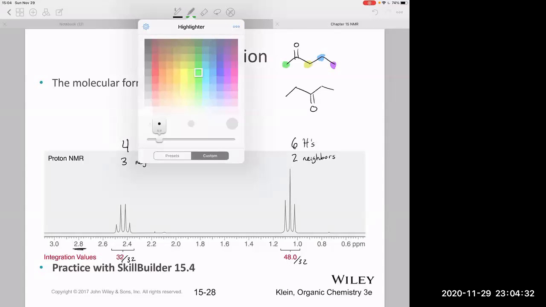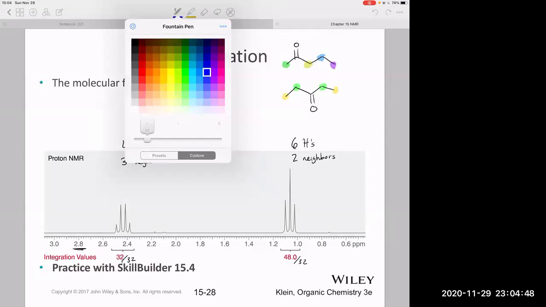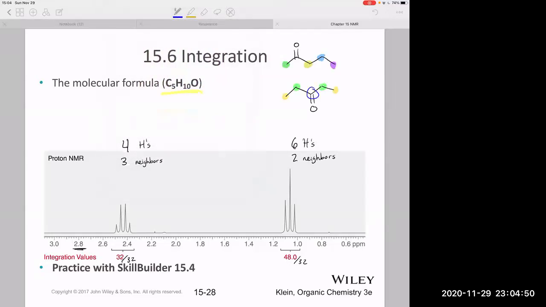Whereas in my other ketone, I have this pair here and this pair here, which are both chemically equivalent, right? I have that nice plane of symmetry down the middle of the molecule. Why am I ignoring this carbon in the middle here?